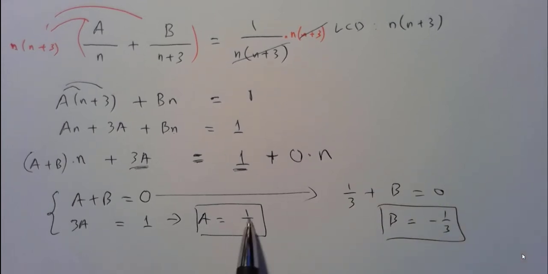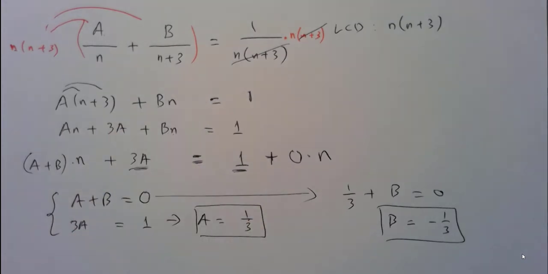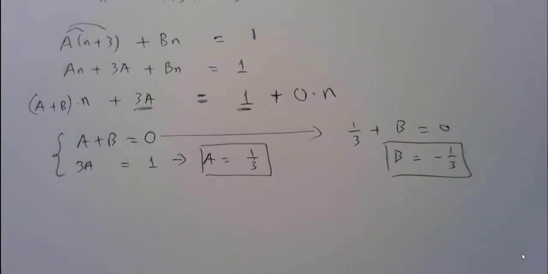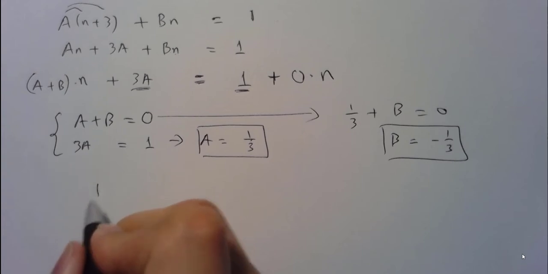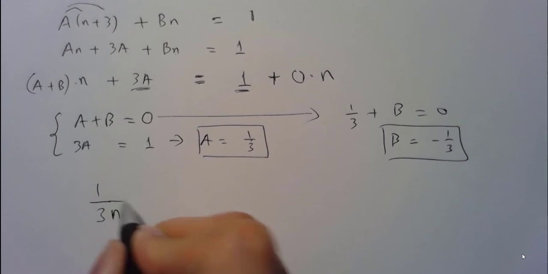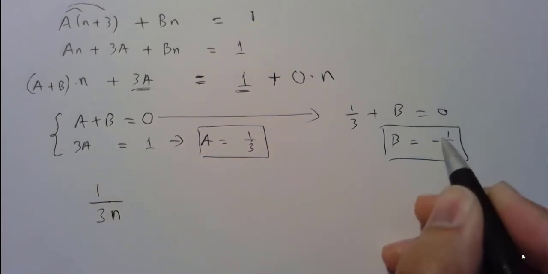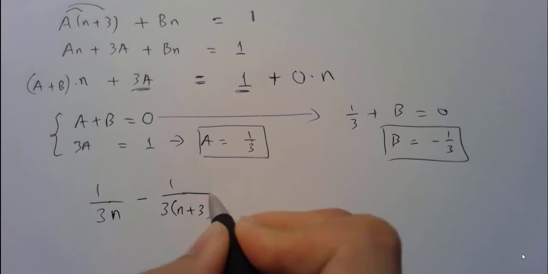Okay, so we got a and b, so we should plug a and b to here. Okay, so I should get a is 1 over 3, so 1 over 3n, and then b is minus 1 over 3 times n plus 3.